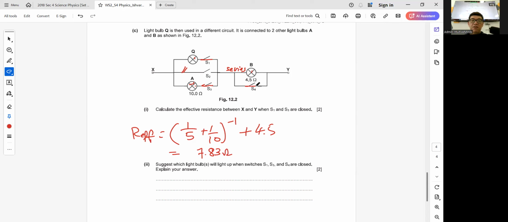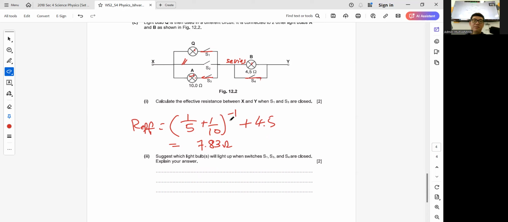So when you close S4, what happens? The only light A and light B will light up, because they are connected.